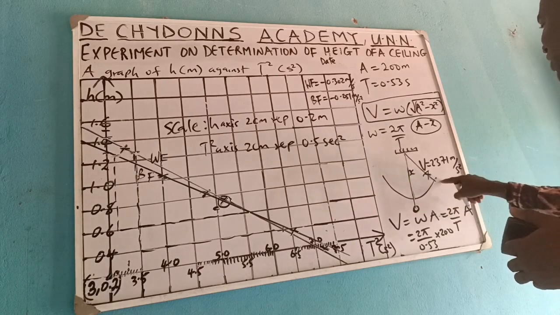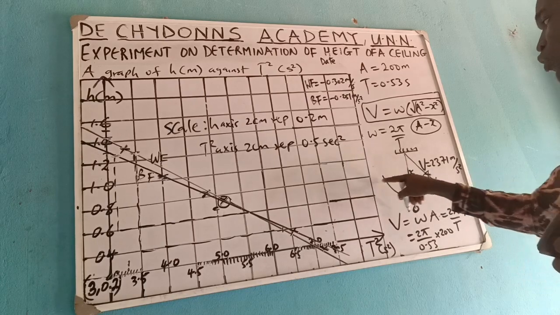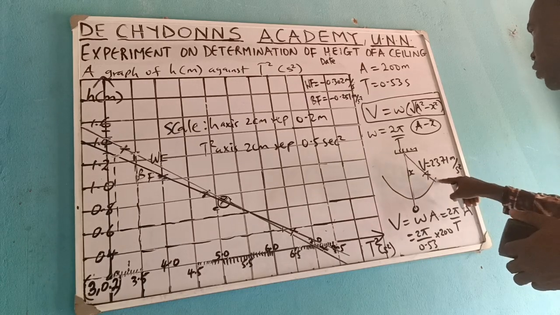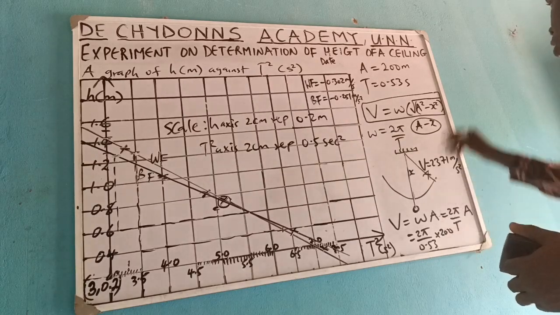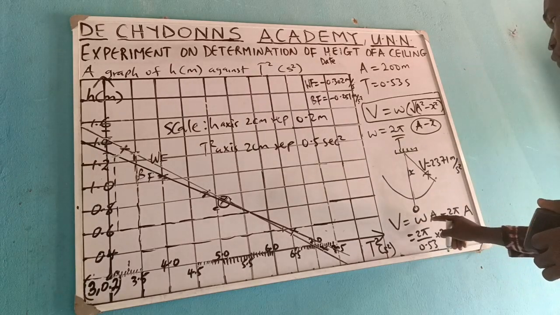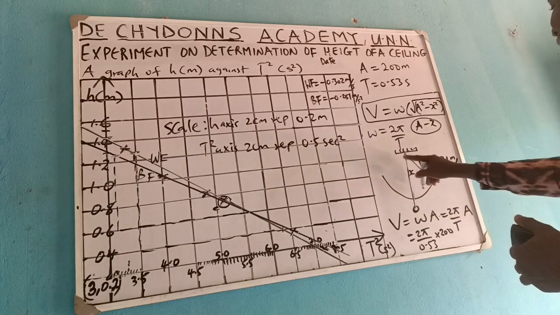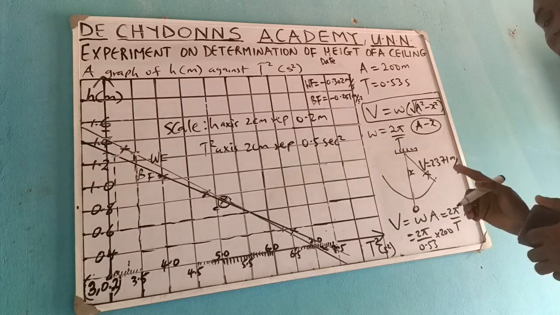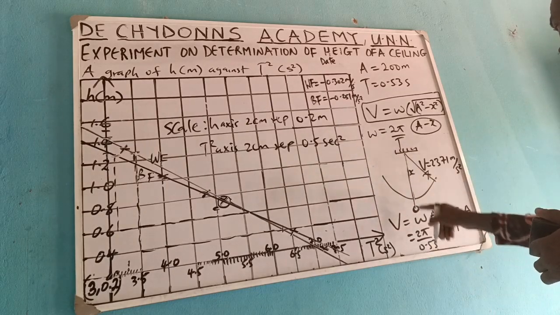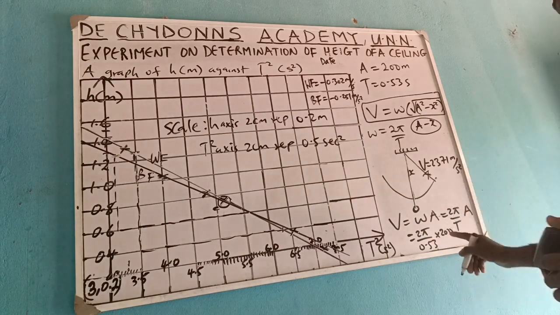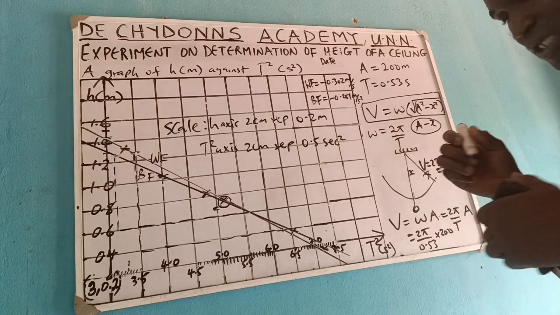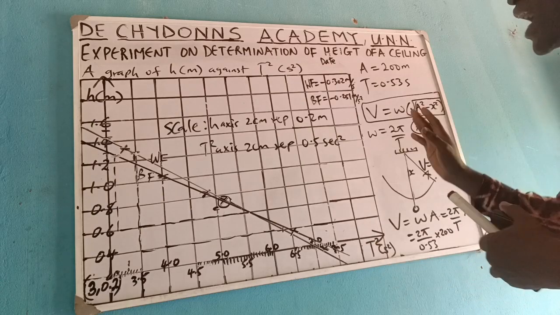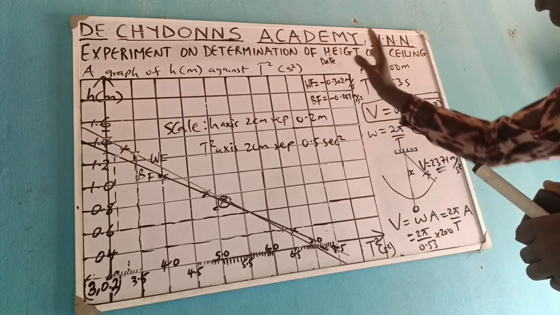So at the extreme position, the velocity will be 0, but at the equilibrium position, the velocity will be wA. That is what it means. At the extreme position, the velocity will be 0, and at the equilibrium position, the velocity will be maximum. So that is how to perform this experiment, or to take care of this alternative to practical on this topic.